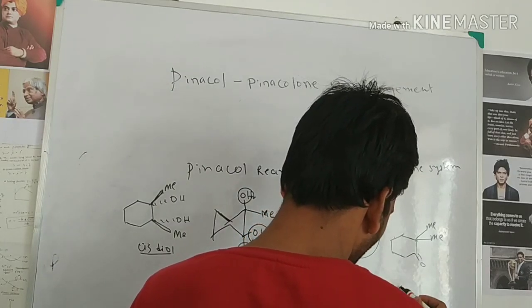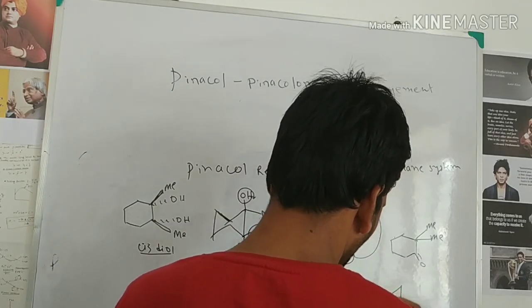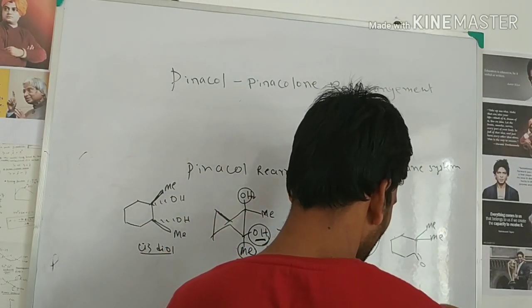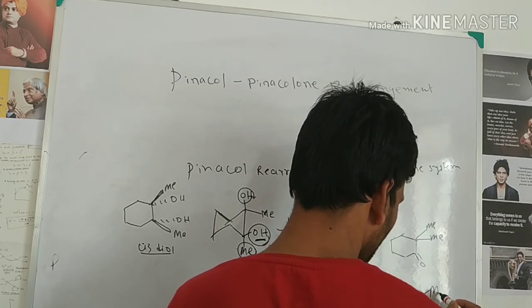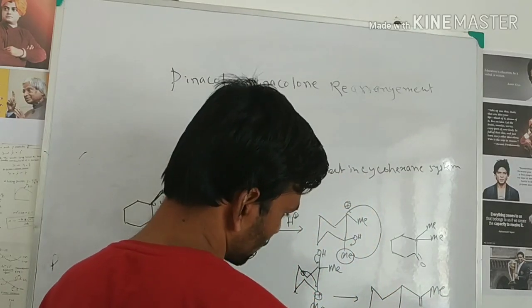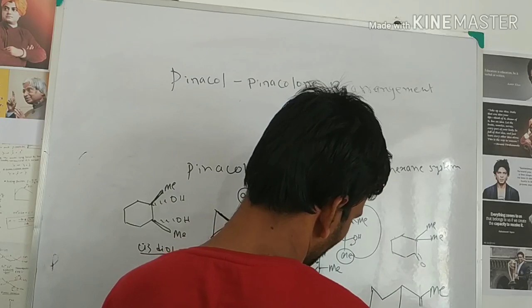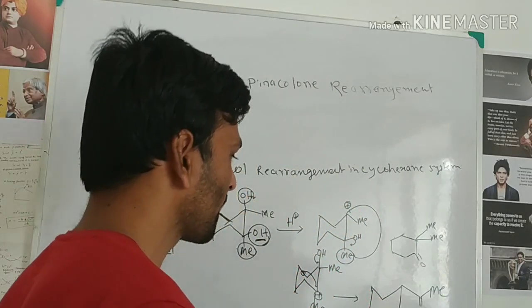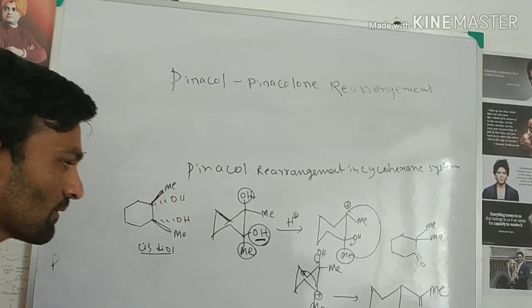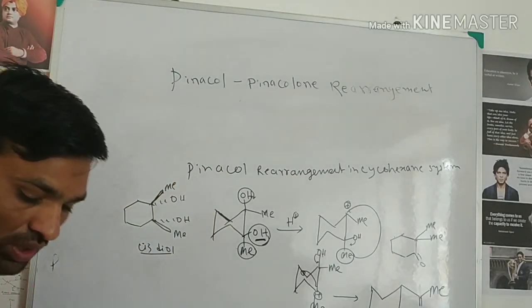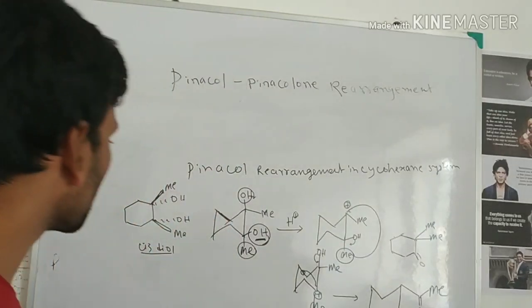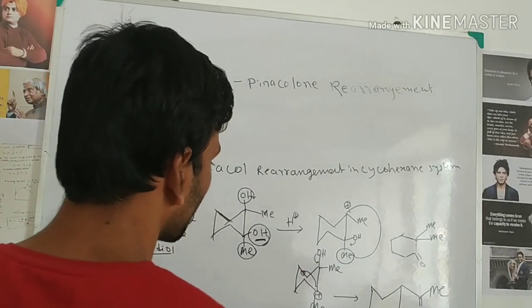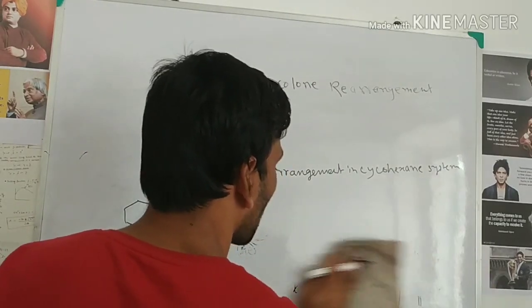So the product formed is this. This will be the product formed. Now, if the OH group is anti, the product is, I will find.